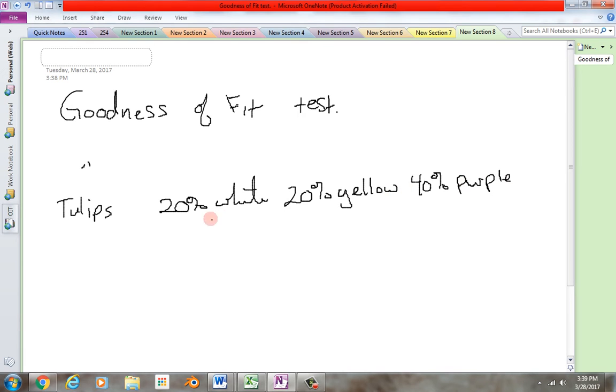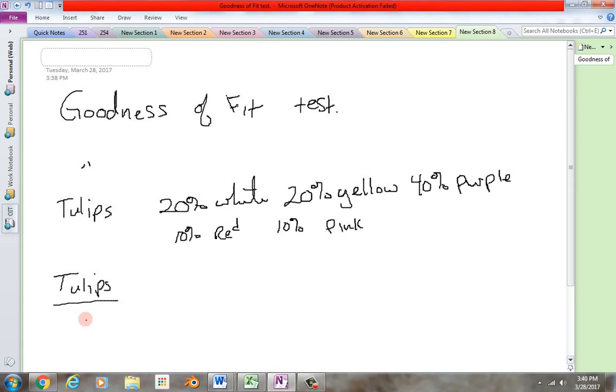By the way, that puts us up to 80%, right? 10% red, that's 90%, and 10%, I don't know, pink, I guess, whatever. And that's what your model is. I mean, that's what you believe is true.